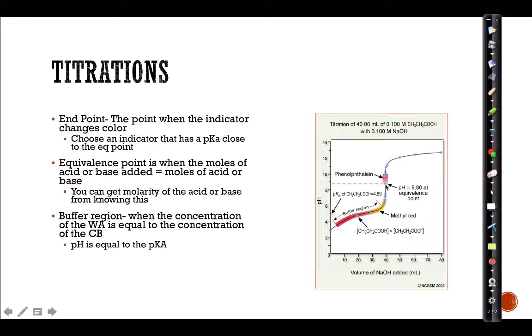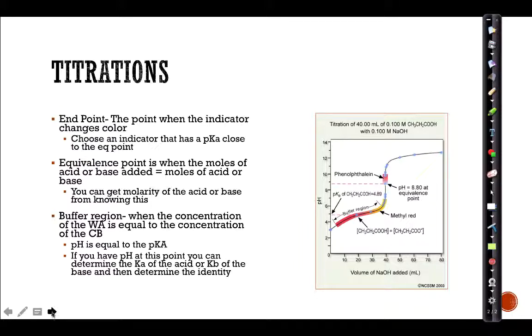So the equivalence point is when the moles of the acid added is equal to the moles of the base present, or vice versa. The halfway equivalence point is when the pH is equal to the pKa. If you know that, you know what the pH is at that point, you can actually determine what the Ka or the Kb of the acid or base is.